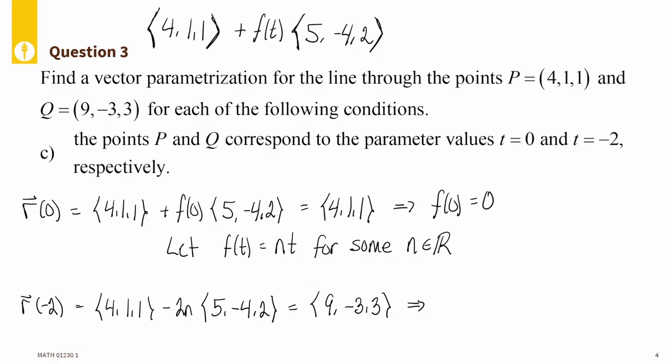Using the results of part B, we know that -2n is going to have to be 1. So n in this case will have to be -1/2.